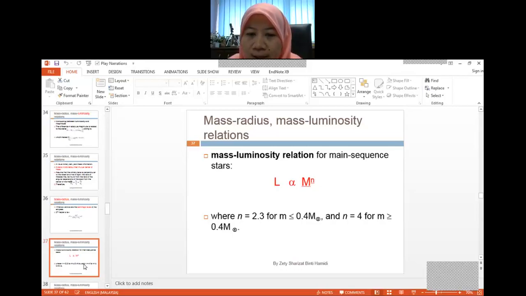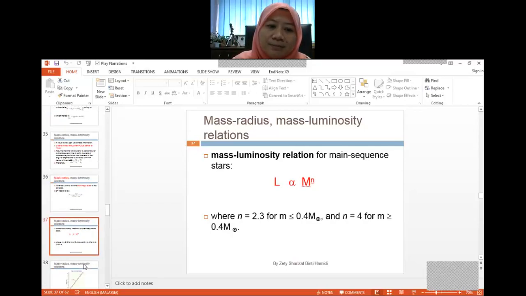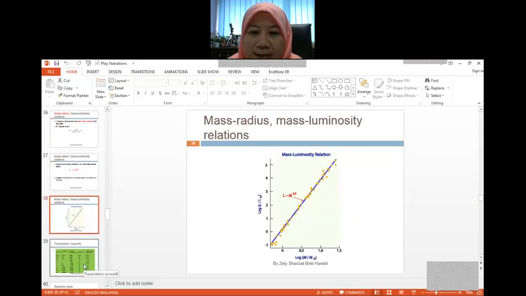So we can use the Sun as a comparison instead of putting the value of the mass of the stars itself. All right. So basically, this is an example to show the relationship between the luminosity and the mass compared to the parameters of the Sun, right?